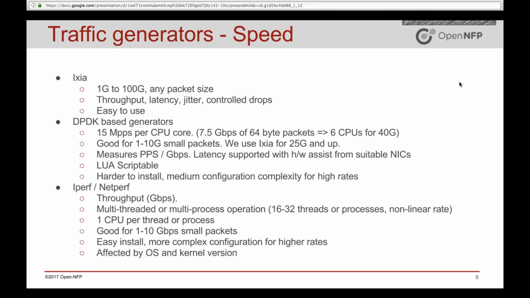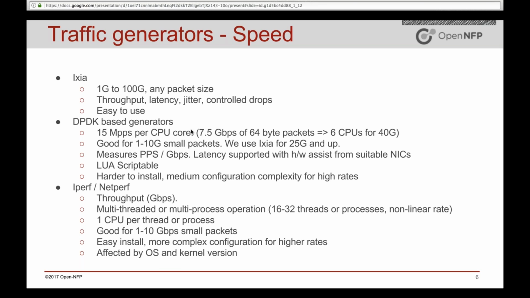So a little bit more about the traffic generators here. With the Ixia, you've got anything from 1 gig interfaces up to 100 gig, very flexible on packet size. You can do a full range of measurements, and apart from the expense, these are very easy to use. The DPDK packet generators, MoonGen advertises itself as about 15 million packets per second per CPU core.